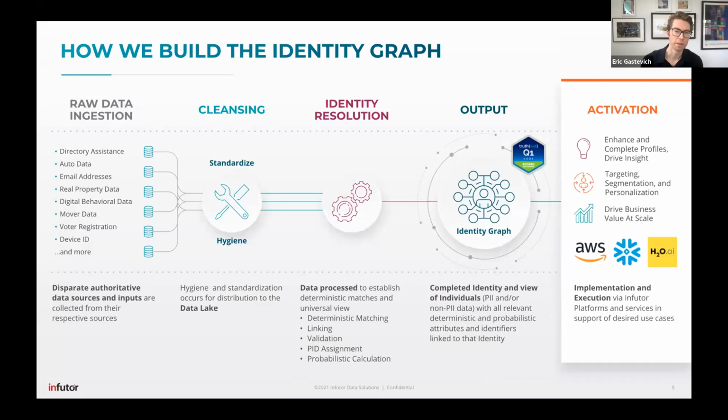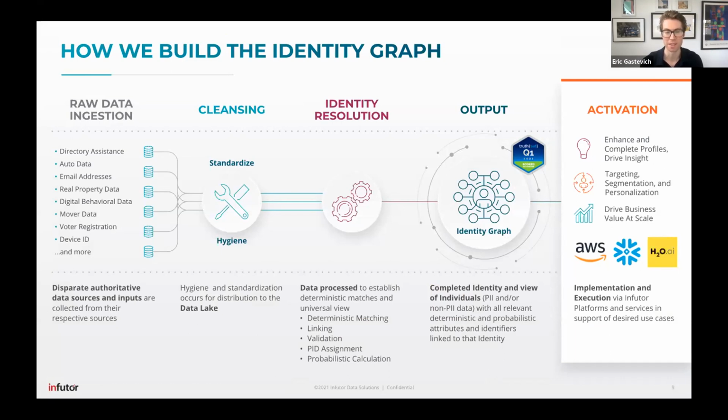How we build the graph, the point of this slide is that there's a number of steps that are, to be honest, very expensive steps, but we go through those steps so that, through wonderful partners like AWS and Snowflake, our data can just be a couple clicks away from you. So if you prefer to go through a marketplace and not ever have to talk to somebody like me, the data is there.